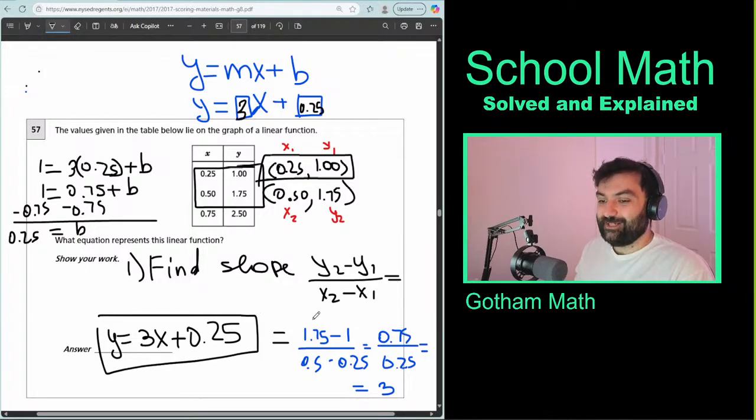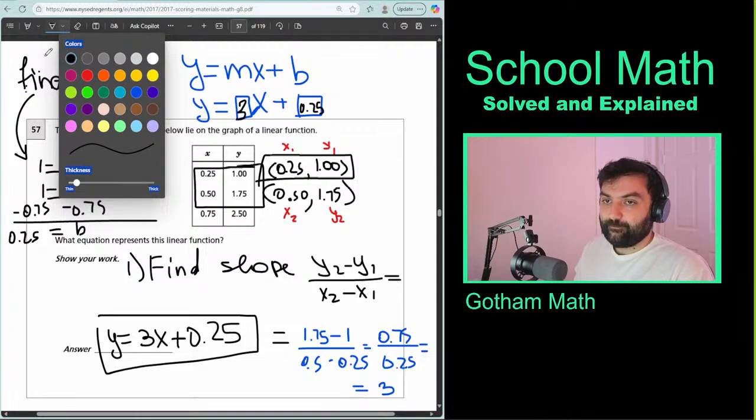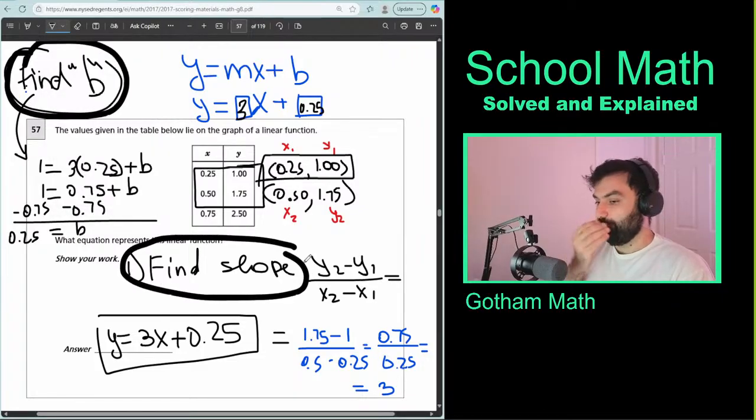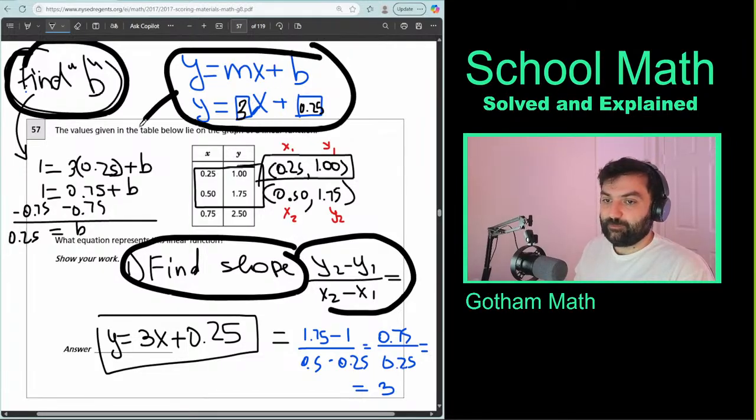Oh, I didn't write the name of the second step. The first step is find slope. The second step is called find b. Two steps. One is done with the slope formula, and one is done through y equals mx plus b and plugging in.